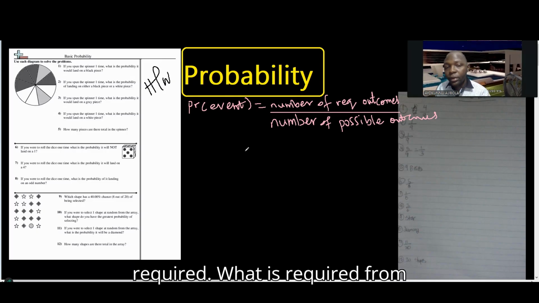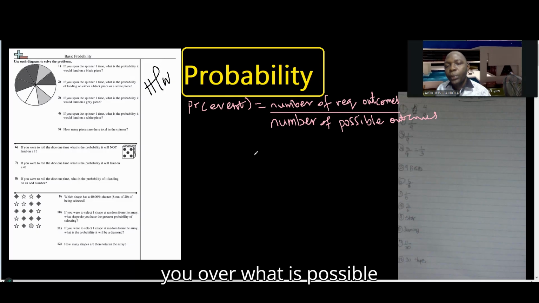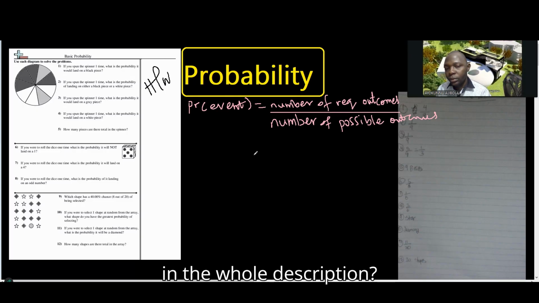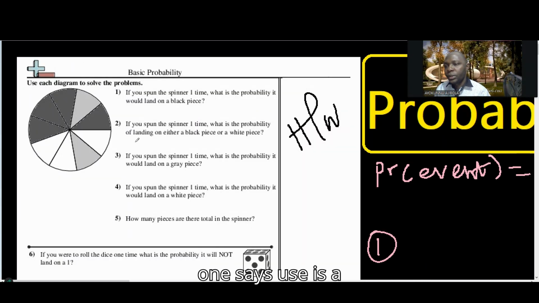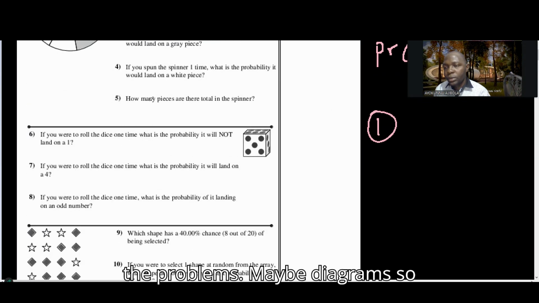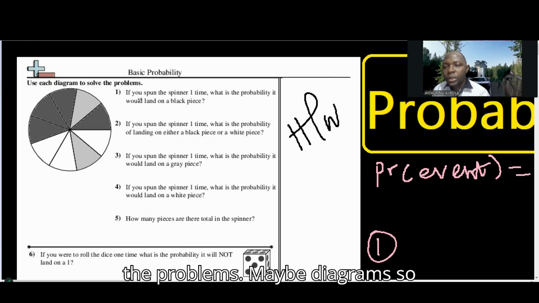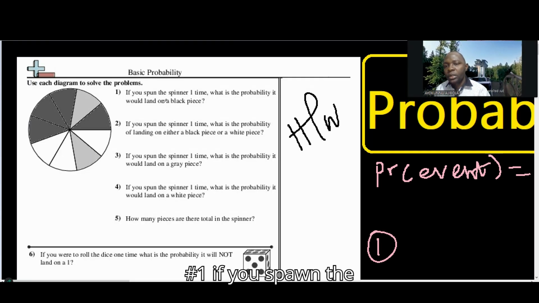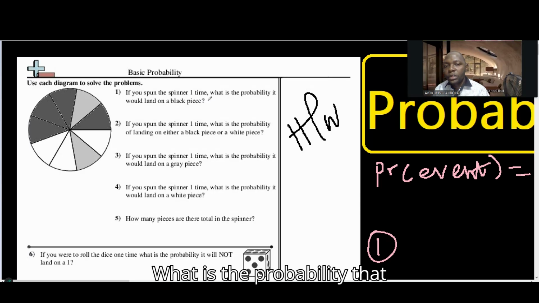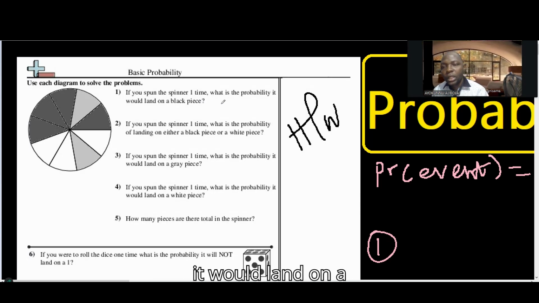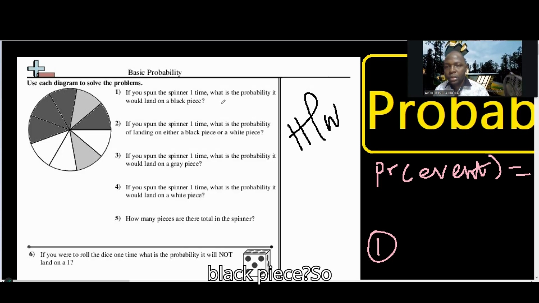Now, what is required from you over what is possible in the whole description. So for question one, it says use each diagram to solve the problems. Number one: if you spun the spinner one time, what is the probability that it would land on a black piece?